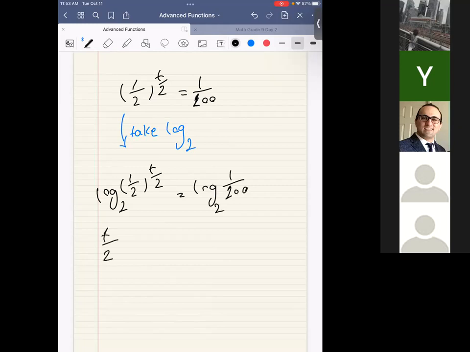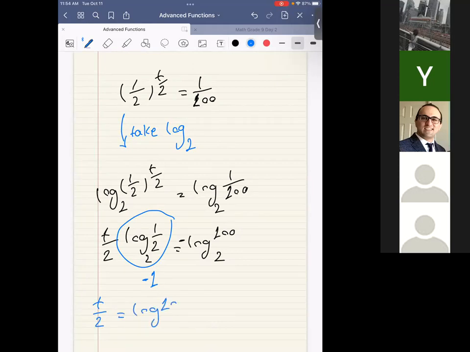So t over 2 times log base 2 of 1/2 is equal to minus log of 100. But log of 1/2 with base 2 is just minus 1. So that means t over 2 is equal to log of 100 with base 2. So that means t is equal to 2 times log of 100.